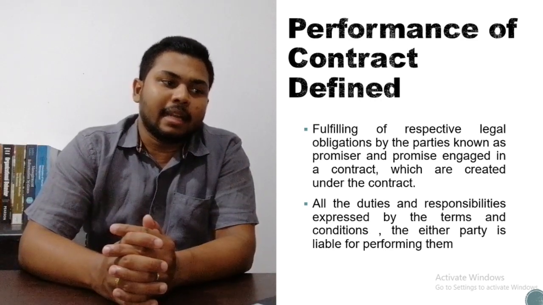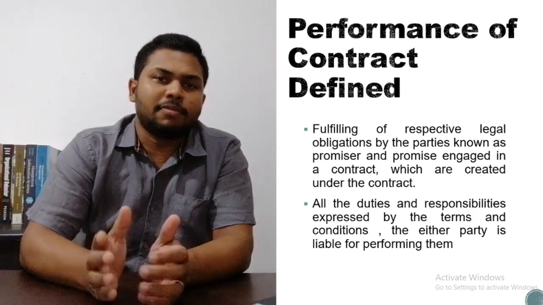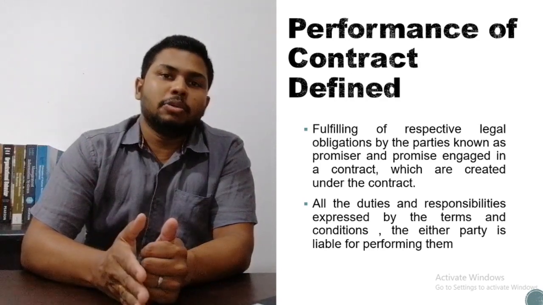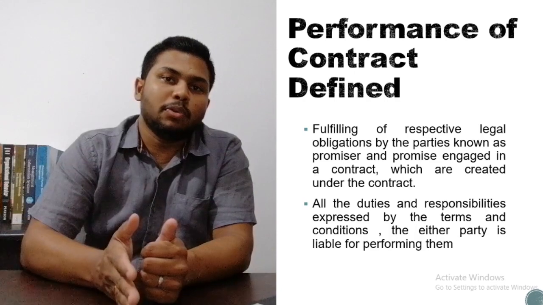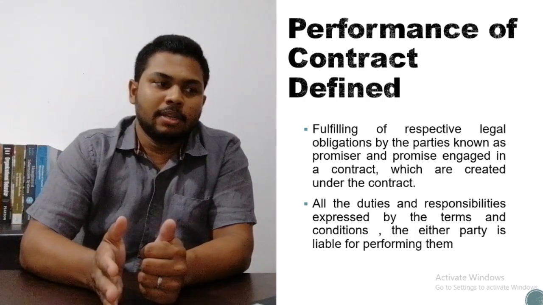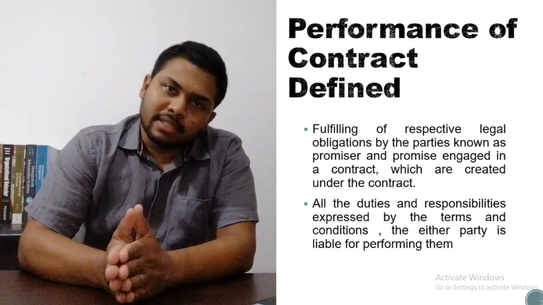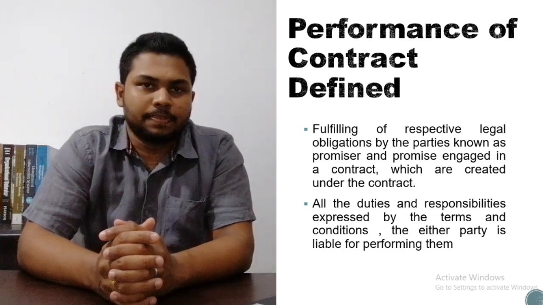Because of what? Because by entering into a contract, you are bound by a legal background to do something, which is legally enforceable. So that is the definition of performance of contracts.